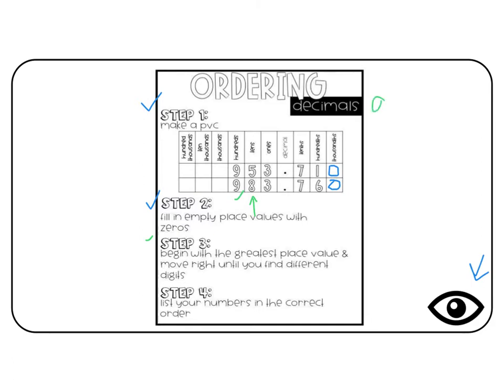So we would say 983 and 76 tenths is greater than 953 and 71 tenths. Great job. Let's do some of this together.